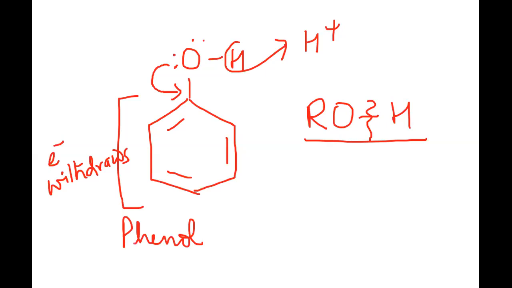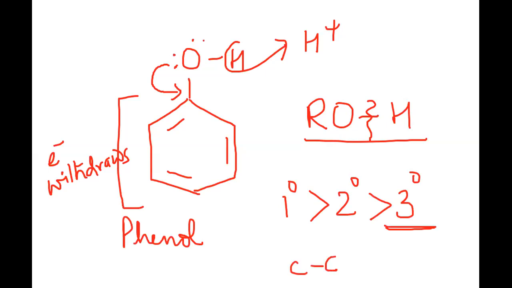In the aliphatic alcohols, you saw that the primary is the most acidic, then the secondary, then the tertiary. Why did the acidic strength of tertiary decrease? Because the carbon containing the OH is attached to 3 alkyl groups, and these methyl groups, being electron pumping, show a plus I effect towards the carbon, stabilizing the carbocation that may be formed.